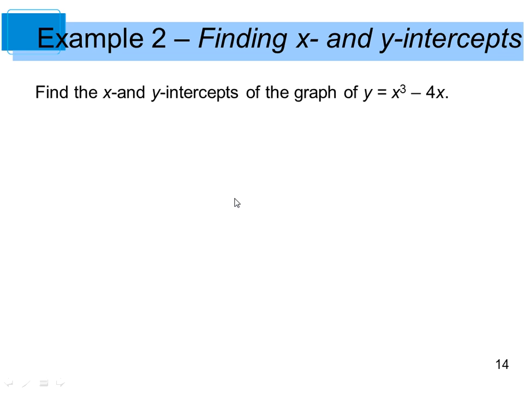Let's maybe start with the easier one, and we can work on the harder one together as a class. Which one of those was easier to find, the x or the y-intercept? I would agree, the y-intercept a little bit easier to find.